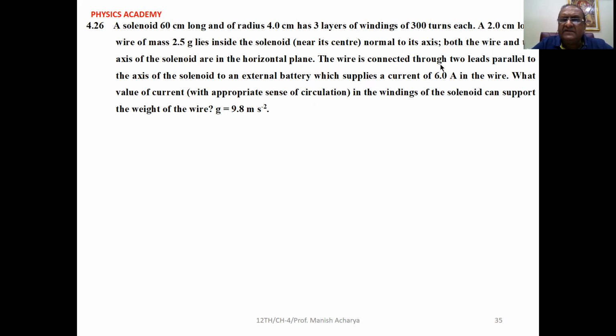The wire is connected through 2 leads parallel to the axis of the solenoid to an external battery, which supplies a current of 6 ampere in the wire. What value of current in the windings of the solenoid can support the weight of the wire? Take g as 9.8 meter per second square.